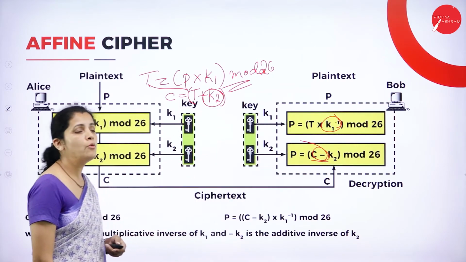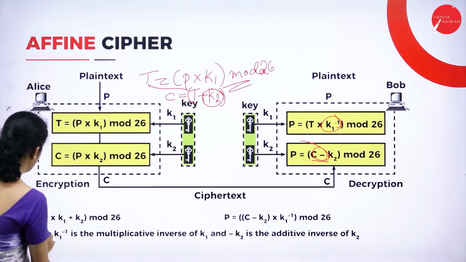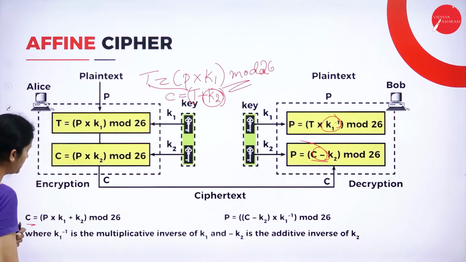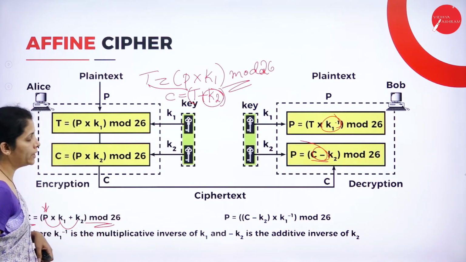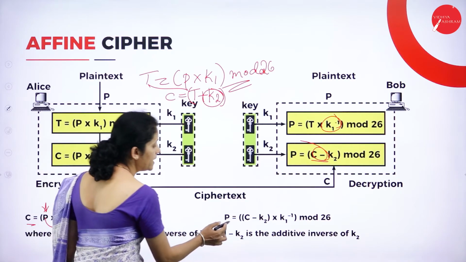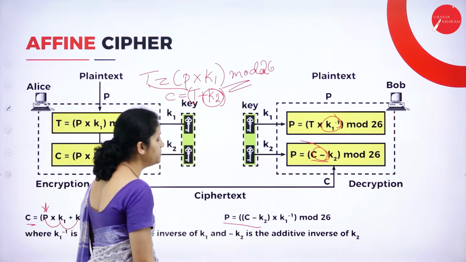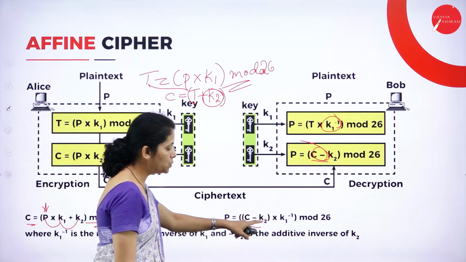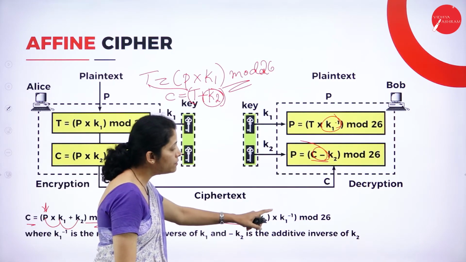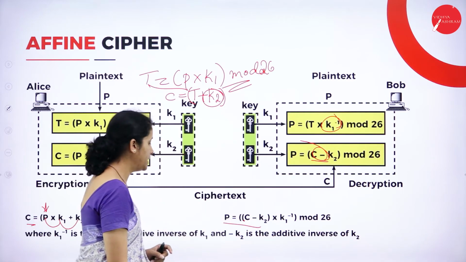To get my ciphertext, I take the plain text, multiply it with key 1, perform addition with key 2, and perform mod 26. At decryption, I have the cipher, I subtract key 2 and perform the inverse of the key mod 26.